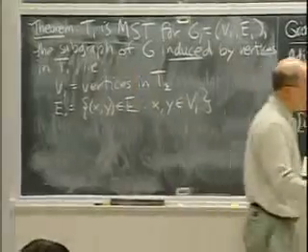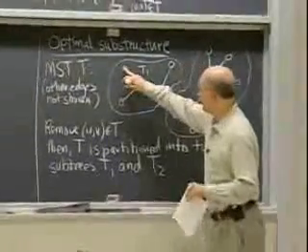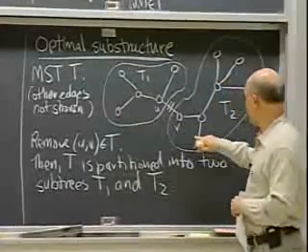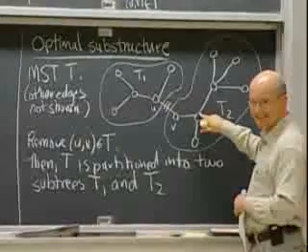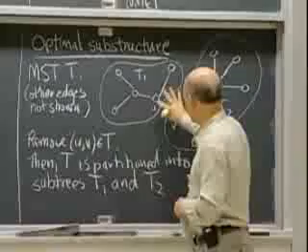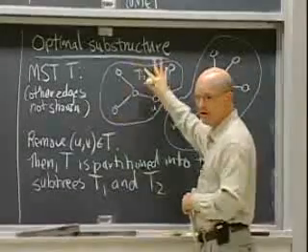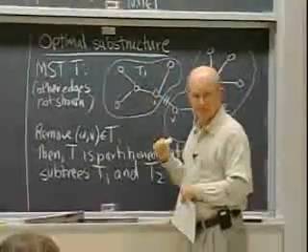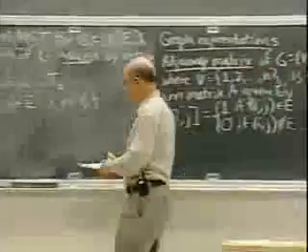I haven't shown the edges of G here, but basically, if an edge went from here to here, that would be in E1. If it went from here to here, it would not. And if it went from here to here, it would not. So the subgraph induced by the vertices of T1 consists of just those edges that connect up things in V1. And similarly for T2.